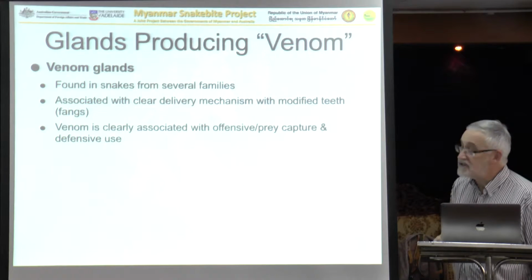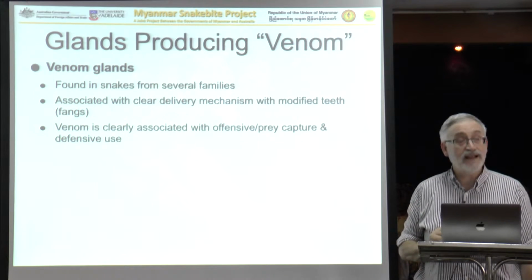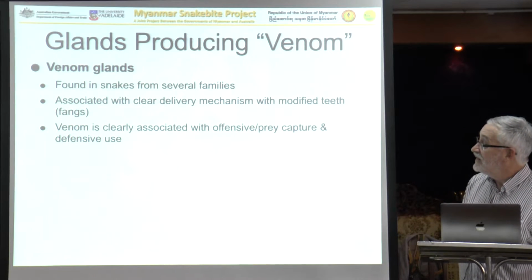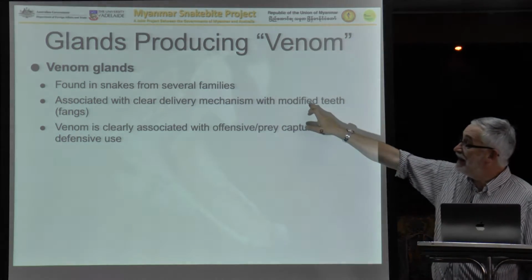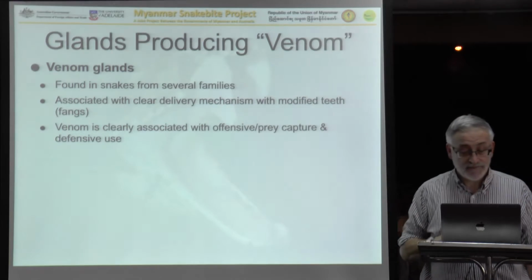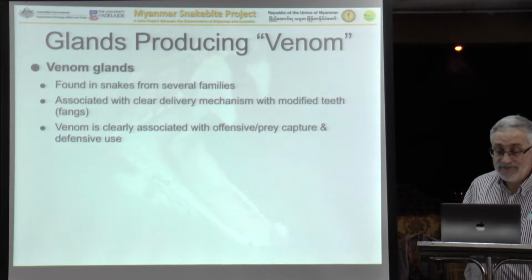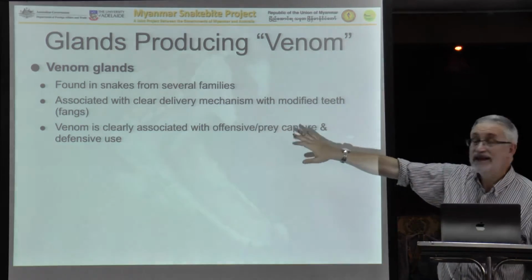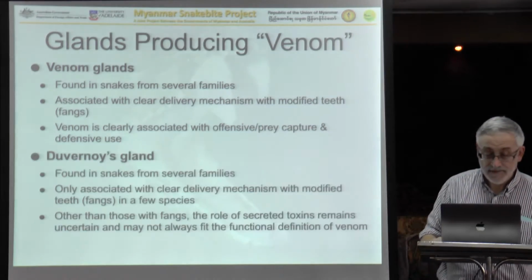So glands producing venom are found in snakes from some, but not all families. They can be associated with a very clear delivery mechanism and modified teeth, what we call fangs, and clearly associated with an offensive capacity to help capture prey.